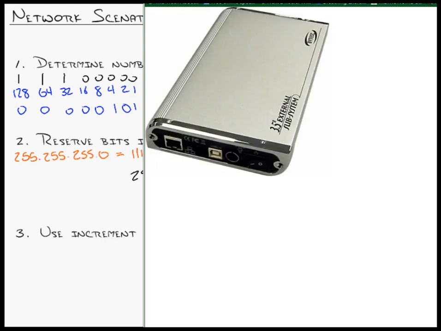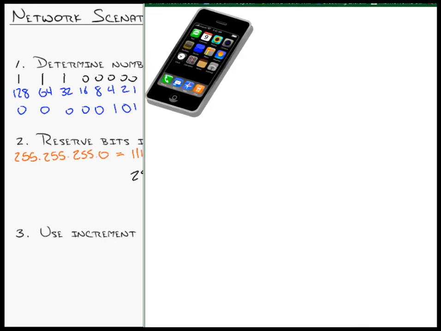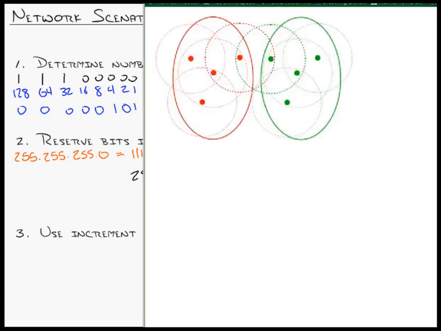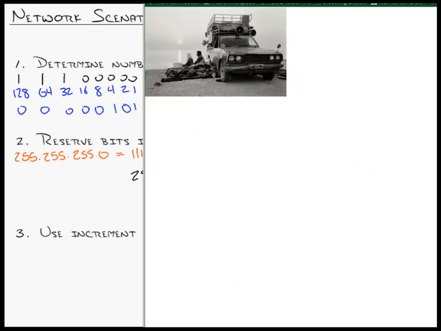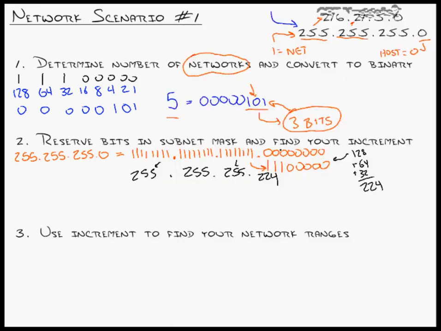It has its own IP address. Even smartphones will need IP addresses to connect to the network wirelessly. So that's a key part to the process, but now we need to find our increment.